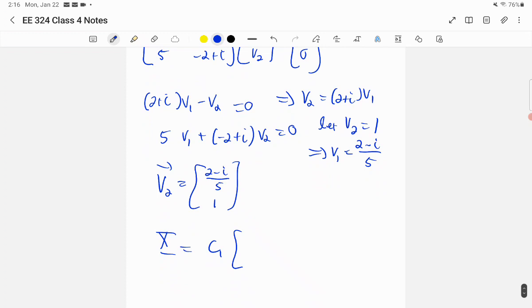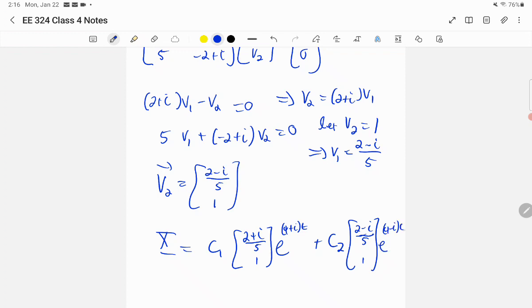So x equals C1 times (2 plus i over 5, 1) e to the (4 plus i) t, plus C2 times (2 minus i over 5, 1) e to the (4 minus i) t. That is our solution.